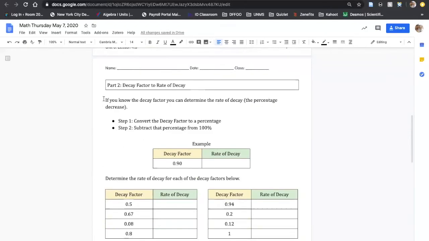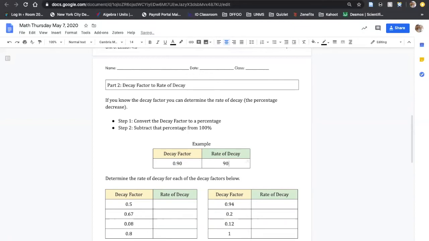Over here on part 2 are some steps that you can use to do that. I outlined them for you. It says step 1, convert your decay factor to a percentage first, and then subtract that percentage from 100%. So for this example here, I'm saying that the decay factor is 0.90. If I want to convert that to a percentage, I multiply that by 100.